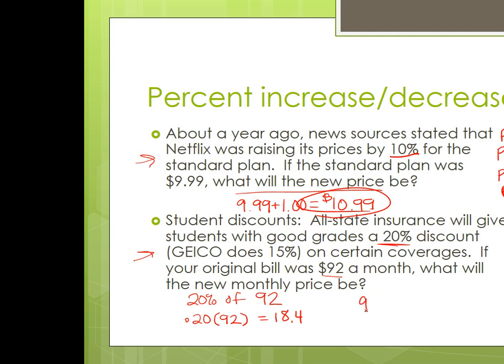So I'm going to subtract that from what it used to be. And if you subtract those two, 92 minus 18.4, you get 73.6, and since we're dealing with money, I'm going to put a 0 there. So I have two decimal places. So your new bill is only going to be $73.60. So definitely worth checking into.